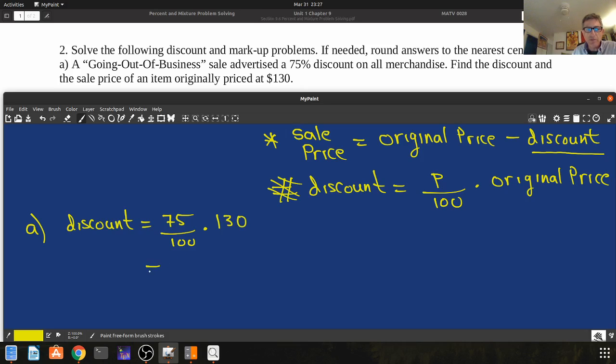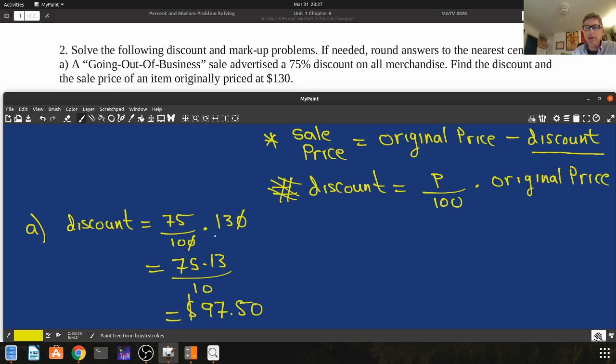So that's going to be equal to, once you do your math, I would just take off these two zeros. Now I would calculate 75 times 13 divided by 10. And that turns out to be equal to $97.50. That's a lot of money.